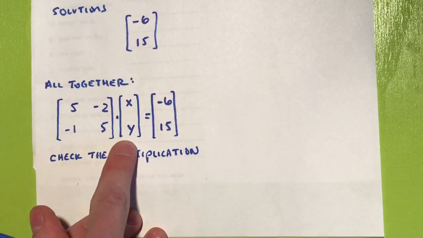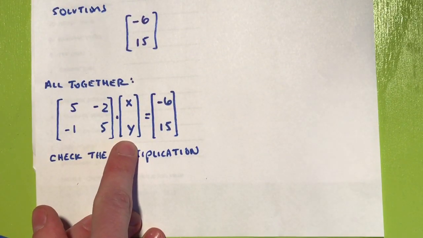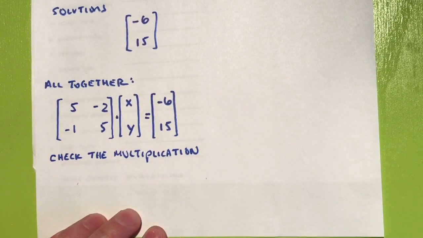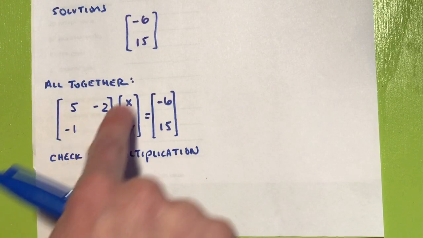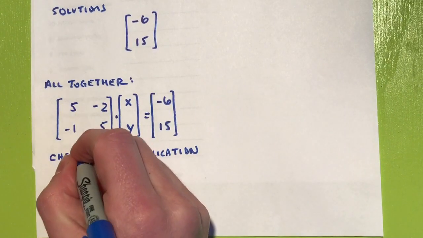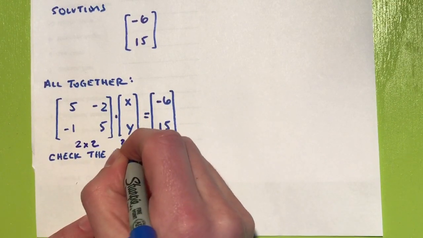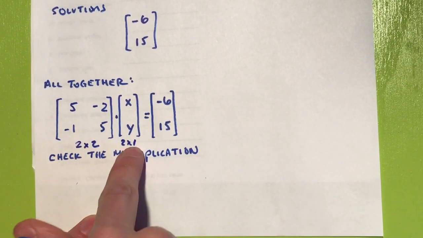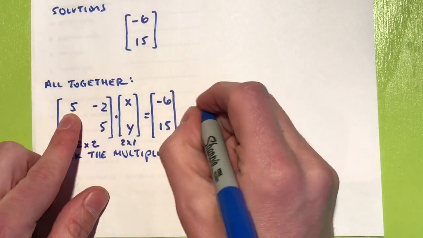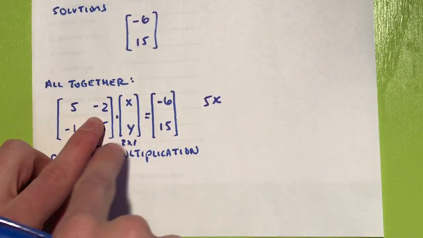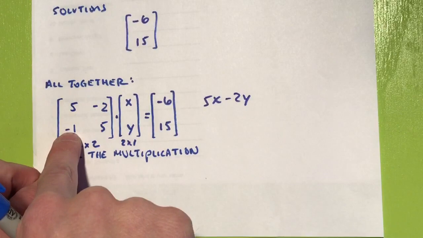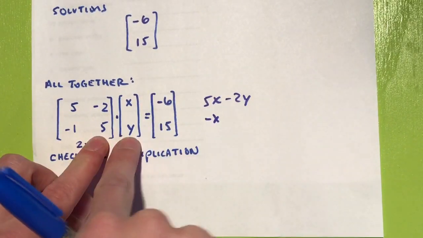Now here's the right-hand multiplication, where we are multiplying by the variables on the right side of our matrix. If we multiply this, we'll see that it is in fact the system. Taking our rows by columns, we have a 2 by 2 and a 2 by 1. The inner dimensions match, and it should give us a 2 by 1 matrix. So rows by columns, we're going to have 5 times x plus negative 2 times y, then negative x plus 5y.